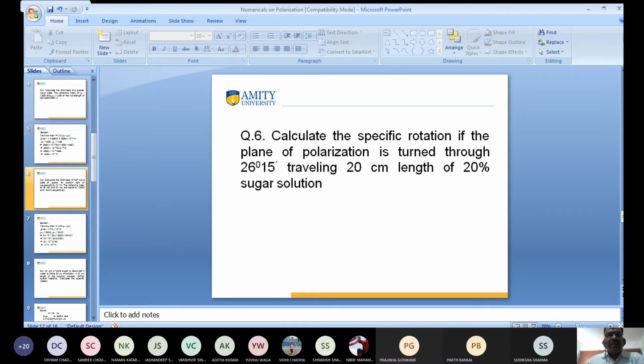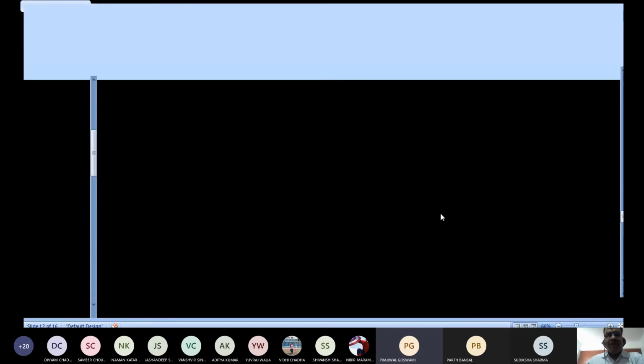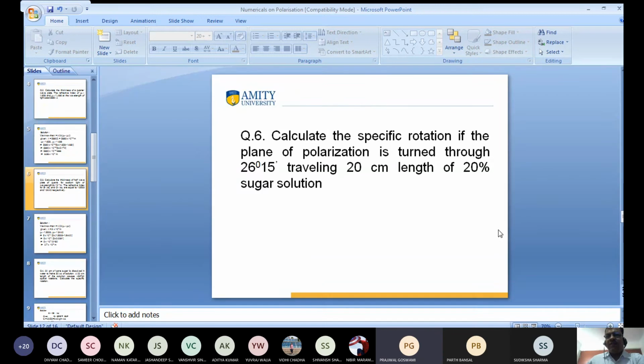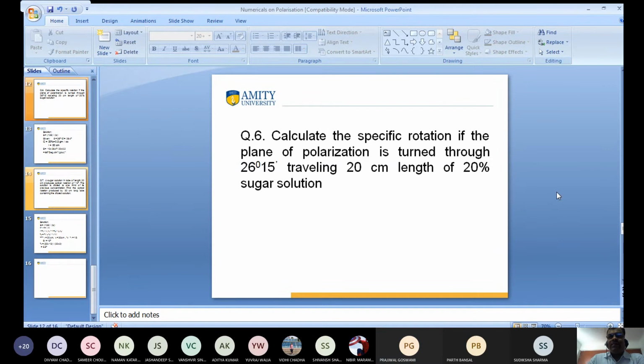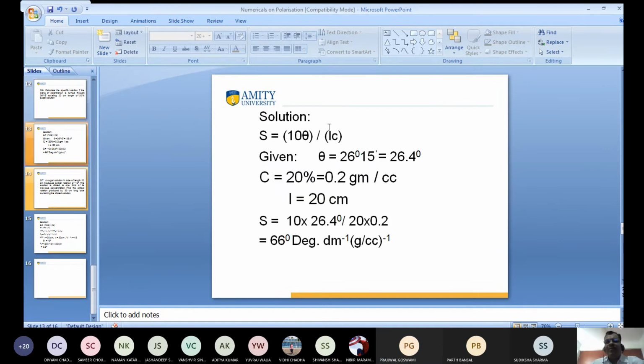Hello, Mr. Satvik. Where is Satvik? Sir, my answer is coming 65.62 degree decimeter inverse gram per cc inverse. Okay, so I want to proceed to the answer. The formula is tan theta divided by LC.